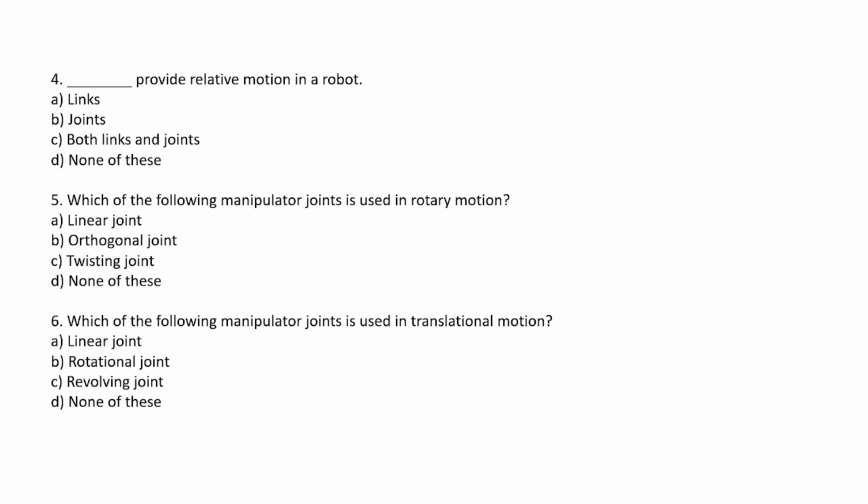There are different kinds of manipulator joints. That is translation motion, so linear joints are there.